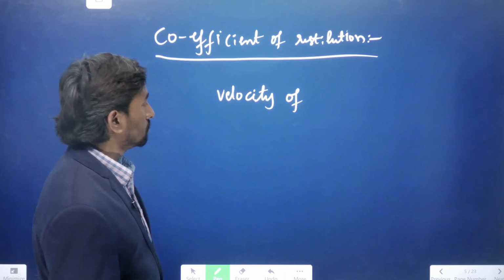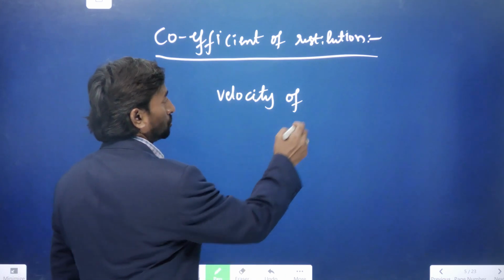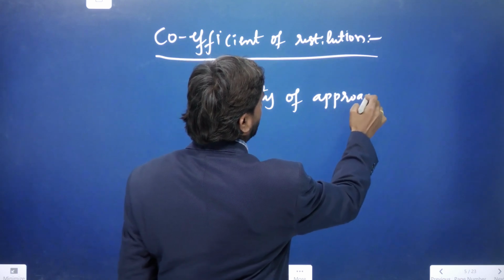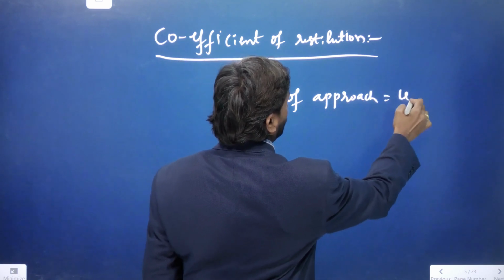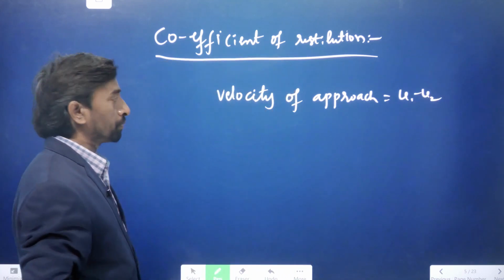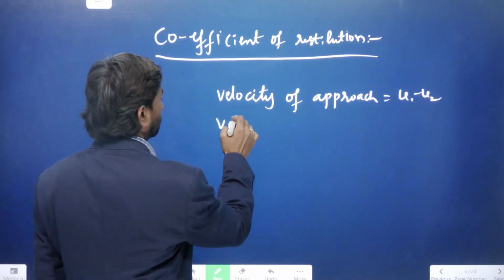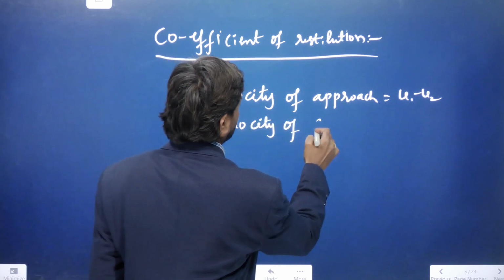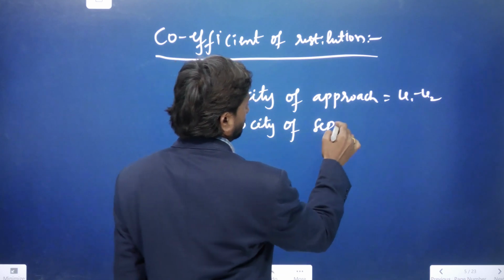There the velocity of approach we got is u1 minus u2. Next, the velocity of separation.